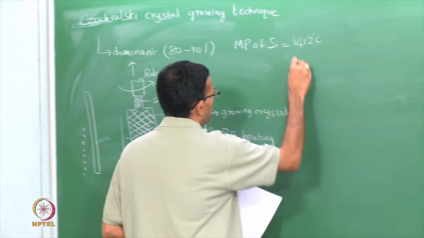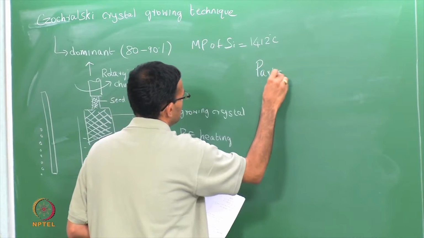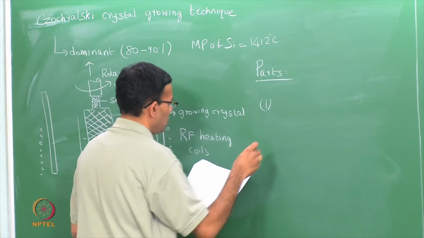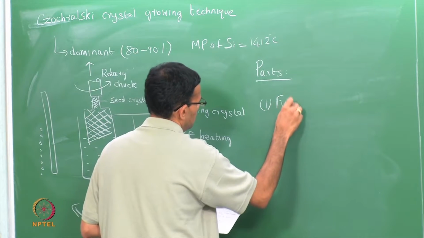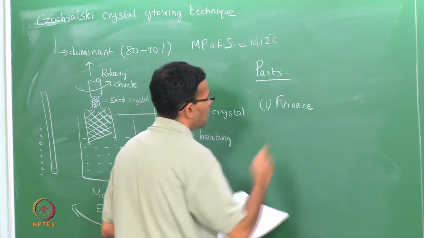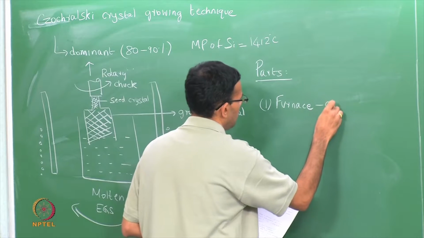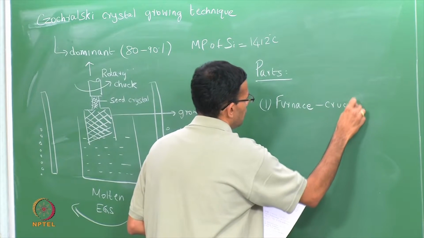So, the various parts of the Czochralski crystal grower are, first, your furnace. The crucible material that is usually used is silicon dioxide or silicon nitride.